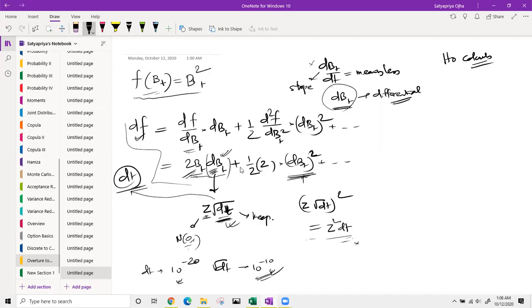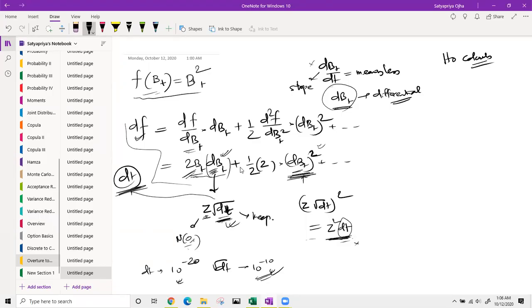This term will remain. Even if it is the square of a random quantity, it's coming out that the order of this square term is dt. And I'm talking about changes at the dt level, and this change would be significant. So I cannot ignore this.